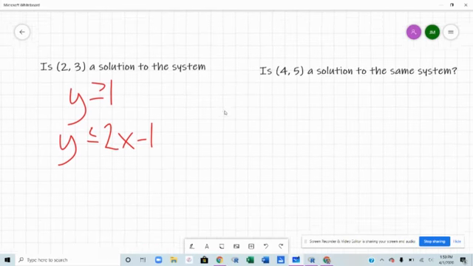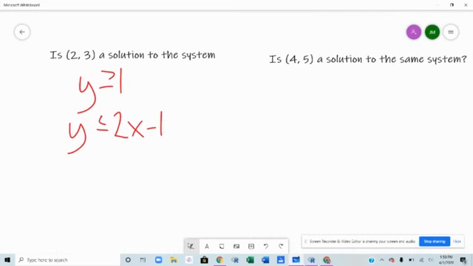So first, let's just look at seeing if a certain point is a solution to the system. We just said to be a solution to the system, your coordinate point has to work for both inequalities. So remind yourself x is first and y is second. What you're going to do is test this coordinate point in the first inequality to start with.